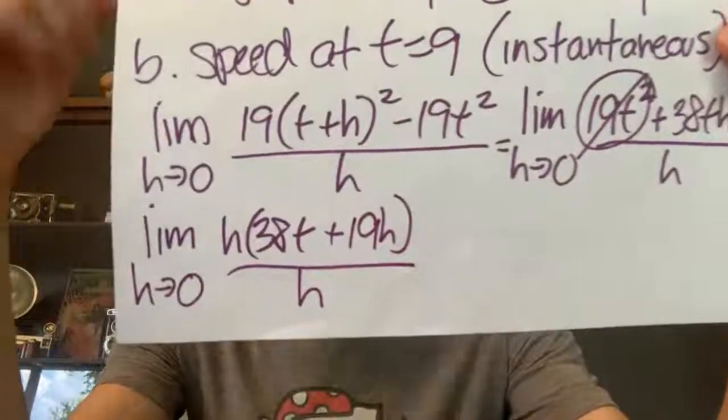But then you get undefined, which doesn't actually make sense. So calculus was basically invented so they could answer this question, what's happening at that time value. So I'm going to factor out the h. And then I'll ask you what to do next.